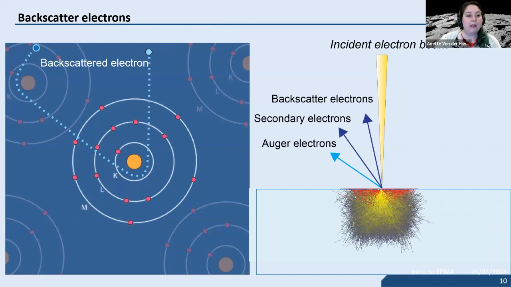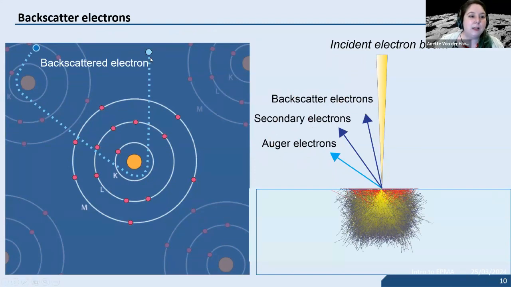Then when it comes to backscatter electrons, again, we generate different types of electrons in our material. I will not go into Auger electrons. That's usually not something that we analyze on an electron microprobe. It's found on a totally different instrument that's usually standalone. But the backscatter electrons and the secondary electrons are what we're getting.